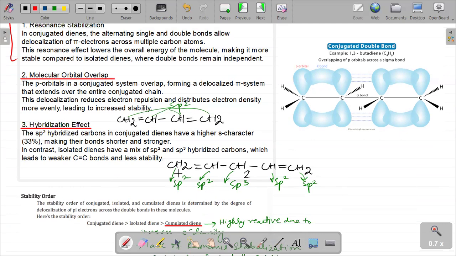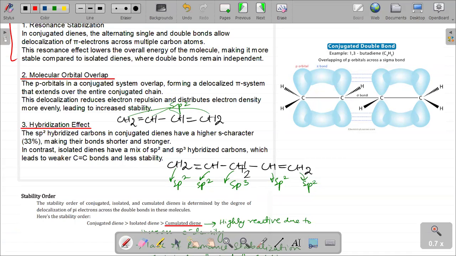While if we draw a compound from the category of the isolated diene, we know that there is a carbon that is sp3 here. The carbon number 3 is the sp3 carbon, because it contains all sigma bonds and no pi bond is formed. So it is an sp3 hybridized carbon.